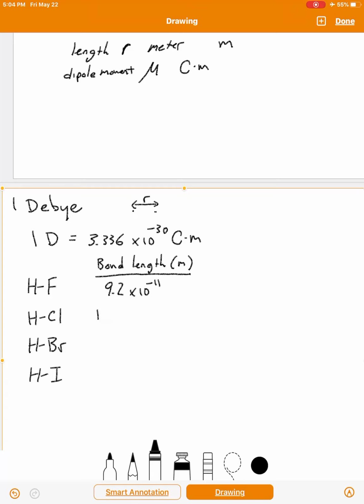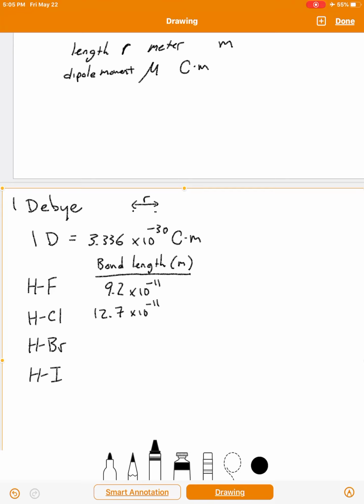HCl is a little bigger. I'm going to write it in the same exponent. It's 12.7 times 10 to the minus 11 meters.